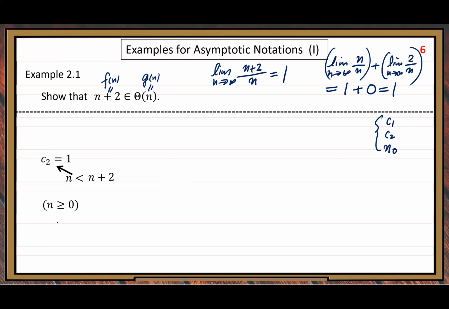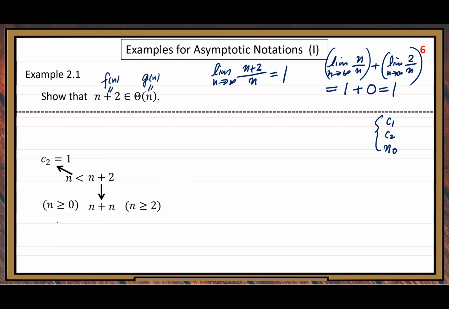Then the upper bound, we need to see what constant multiple of n is greater than n plus 2. Can we replace 2 by n and make it larger?